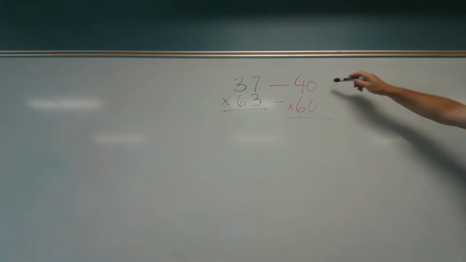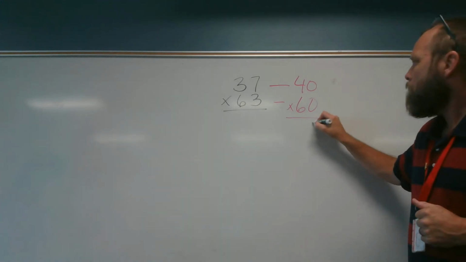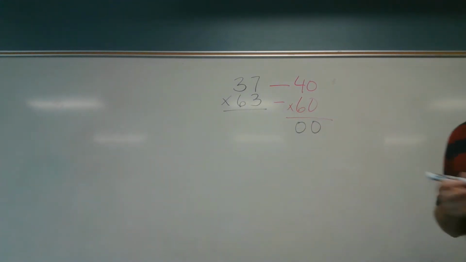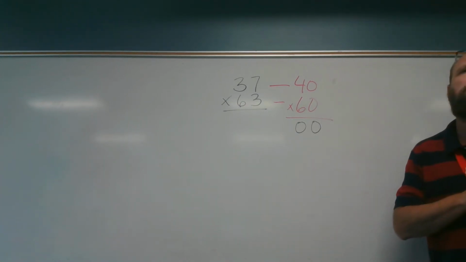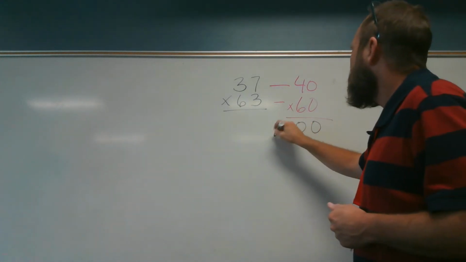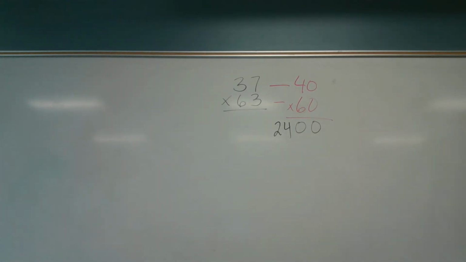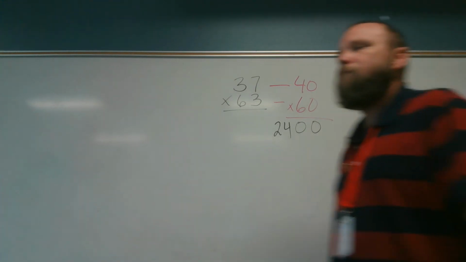What do we do with these zeros? Okay, so we bring them down. We bring them down. What's 6 times 4? 24. So our estimate needs to be around 2,400, our actual product needs to be around 2,400.